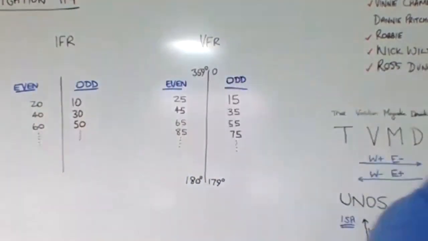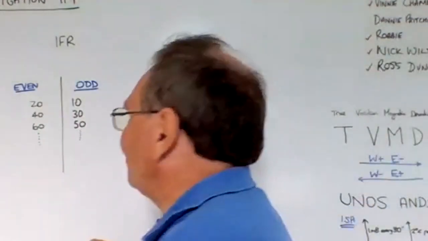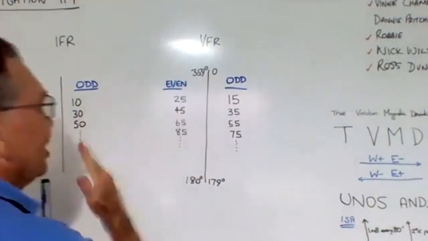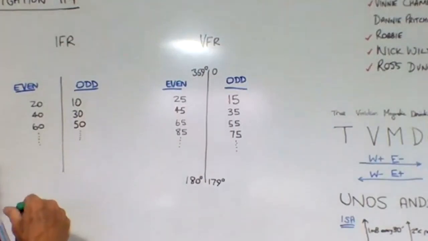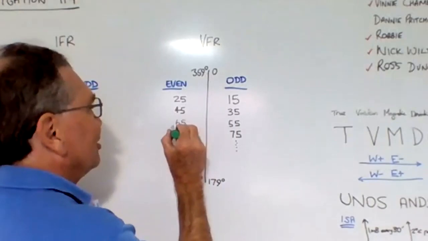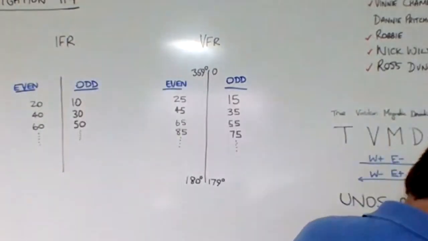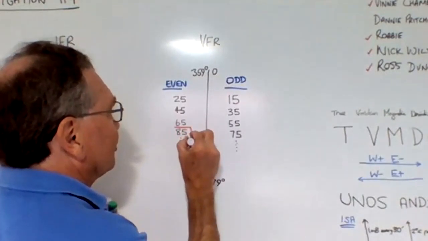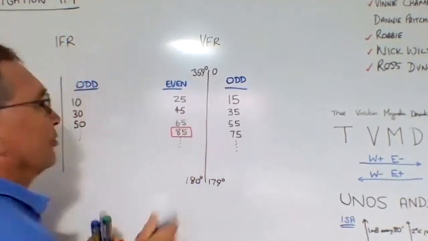That was a stroke of luck, wasn't it? So that means if we're flying from Paphos to Santorini, VFR, we would be flying at flight level 85. Here we go.